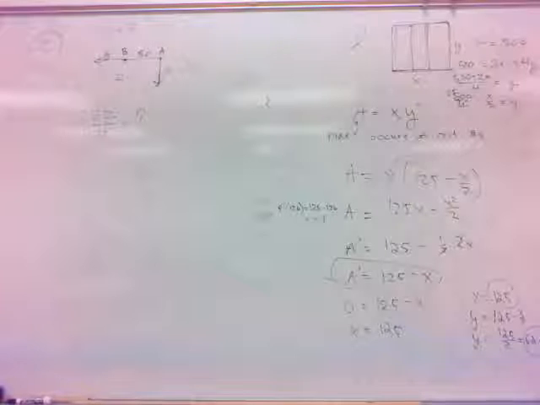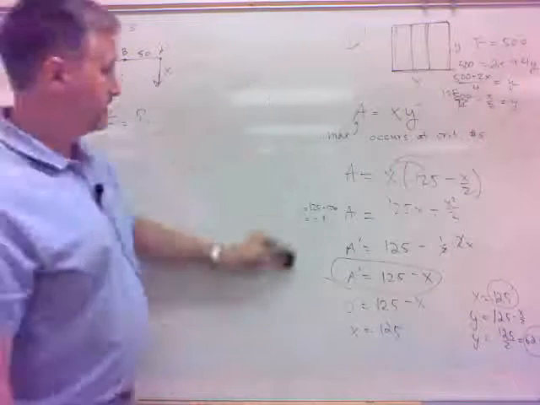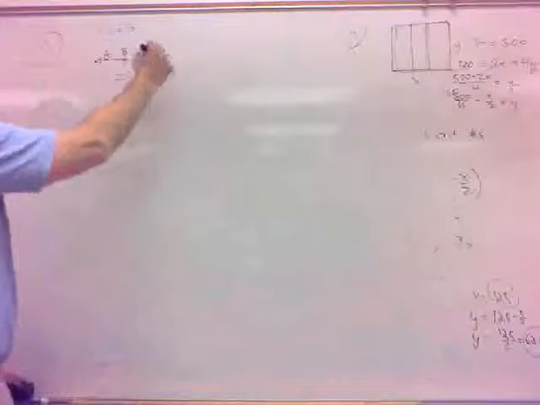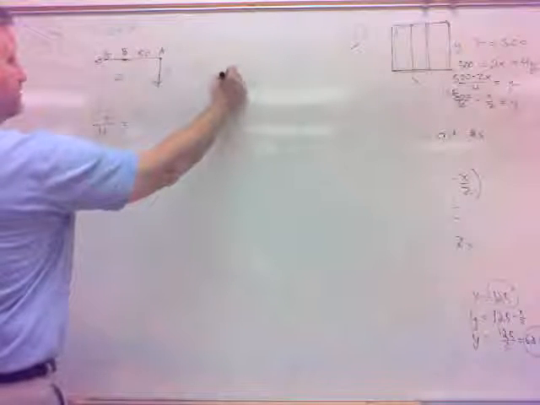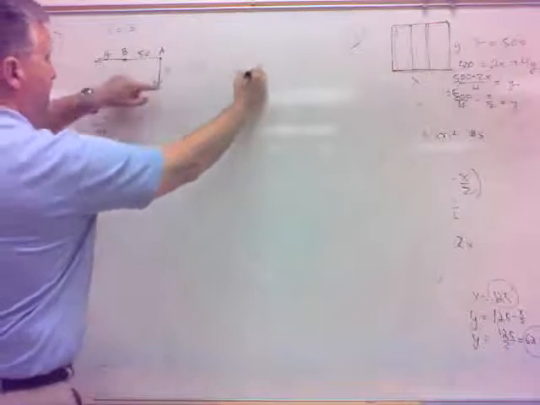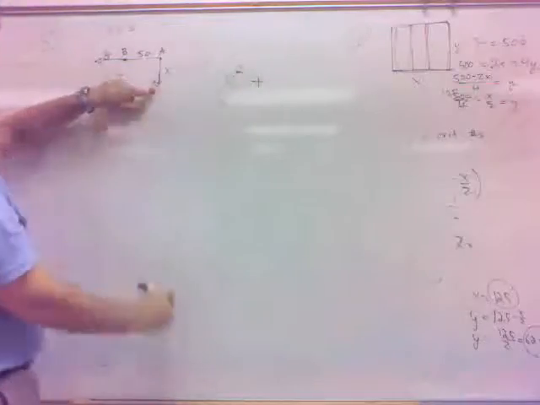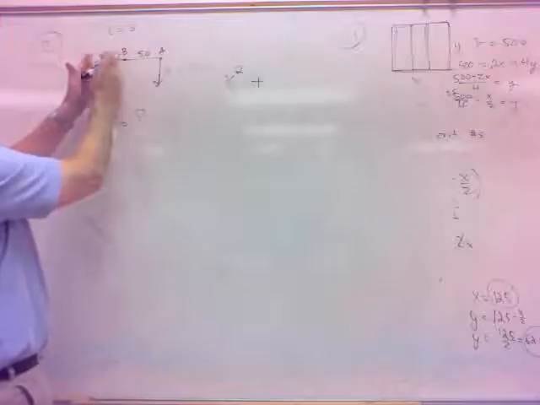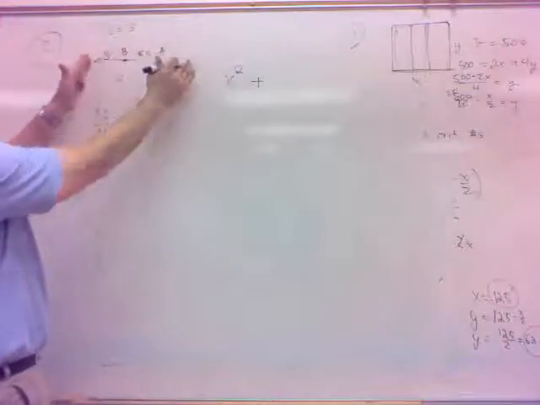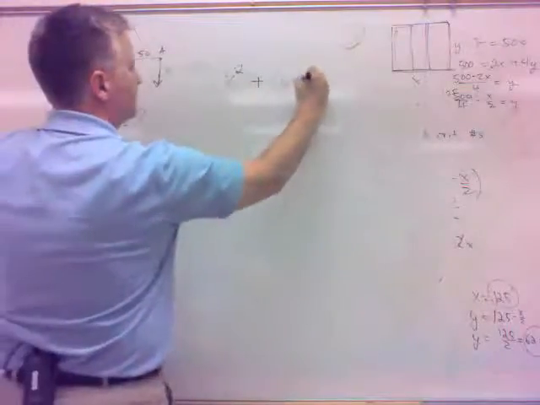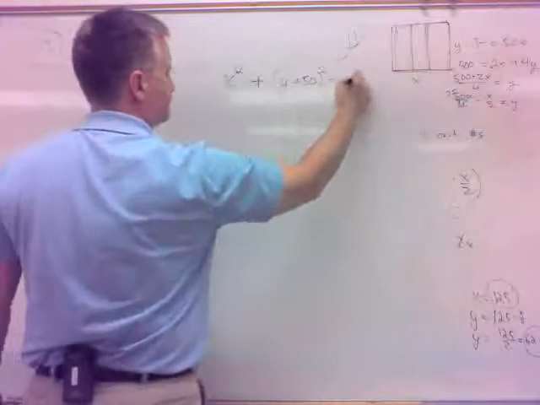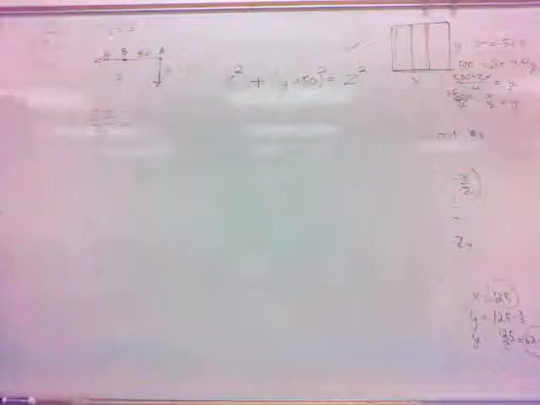All right, so how do I set, well, let's go back before. I've got a squared plus b squared equals c squared. So this is my equation.